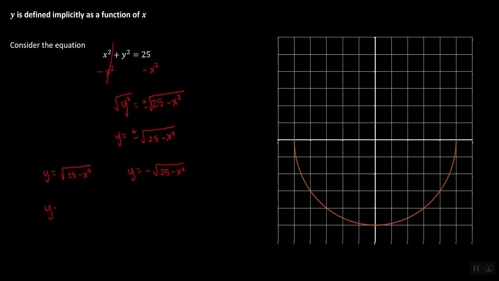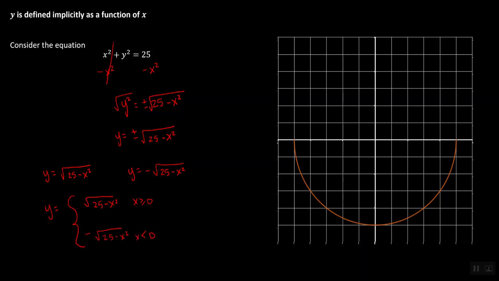We can also do a combination of the two with a piecewise function. So we can use the positive square root when x is greater than or equal to 0, and use the negative square root when x is less than 0.